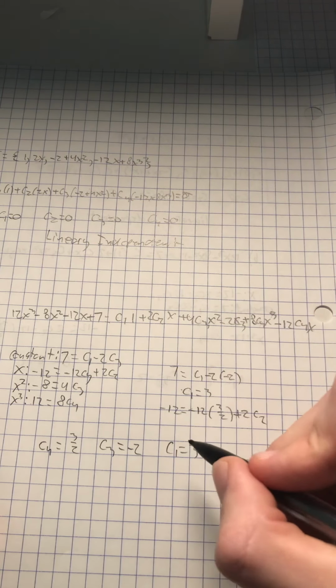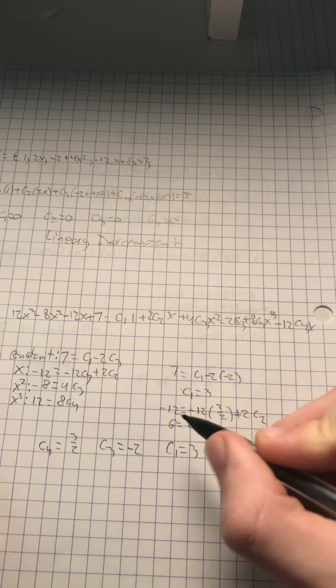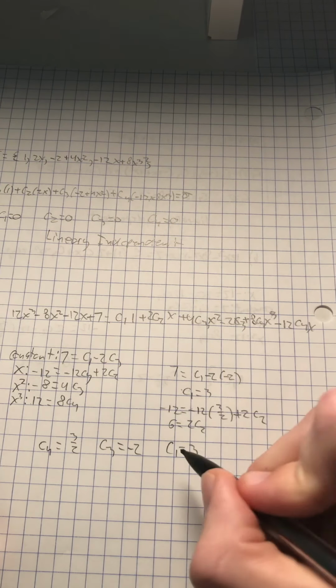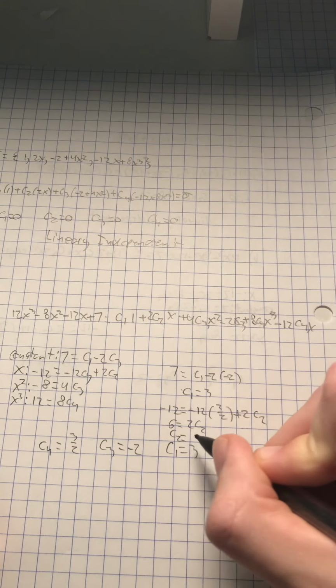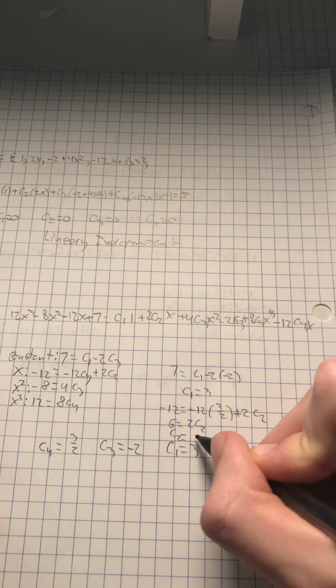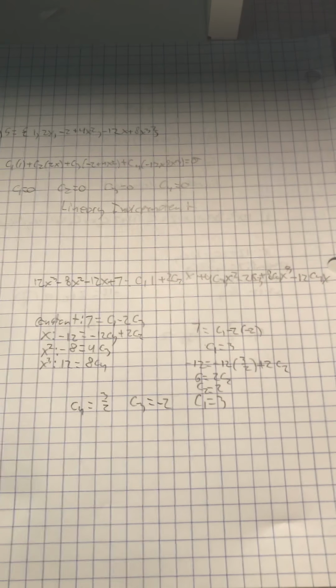Negative 18 plus 18, so 6 equals 2C2, and C2 equals 2. Let me just make sure I did that right. Yep. Okay, we look good.